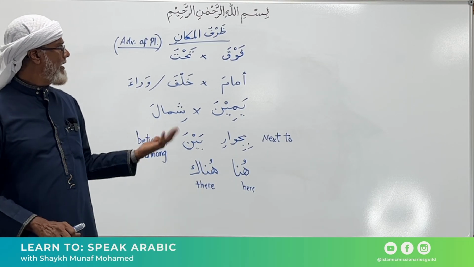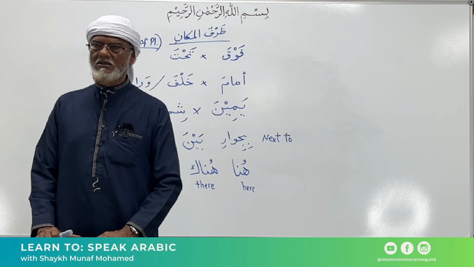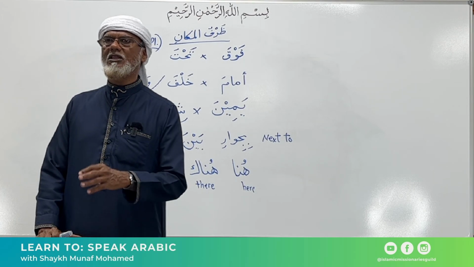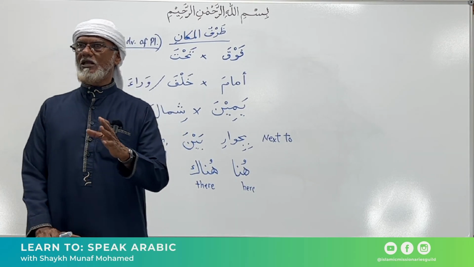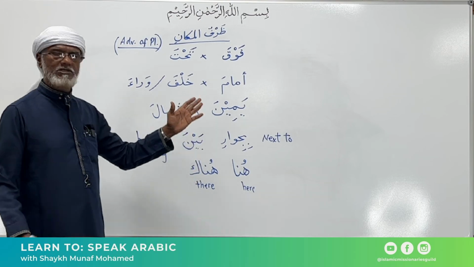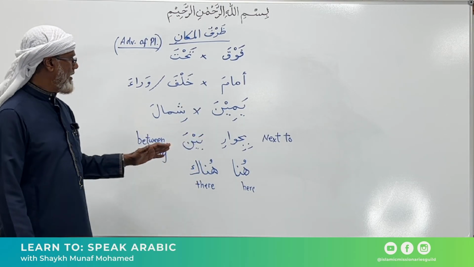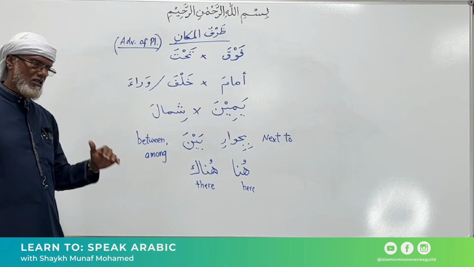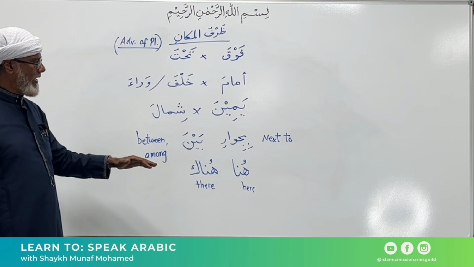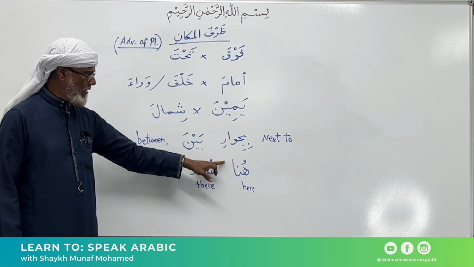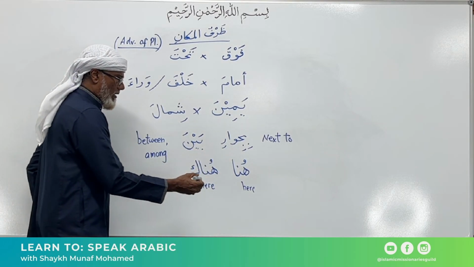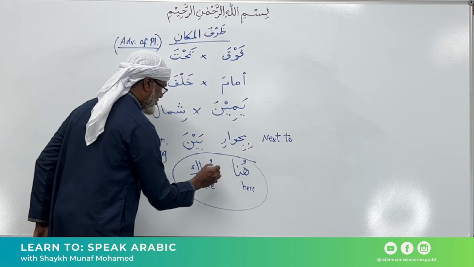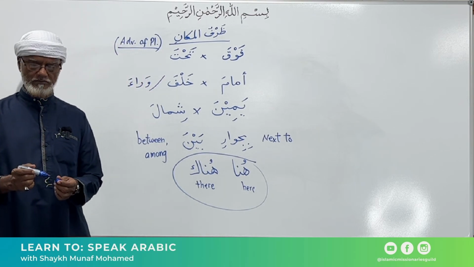So however you want to analyze, the main thing that you have to understand is that when you're using any one of these words, the word that comes after will be in the genitive case, with the exception of these two here, huna.